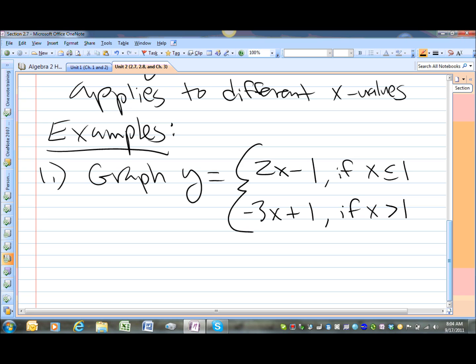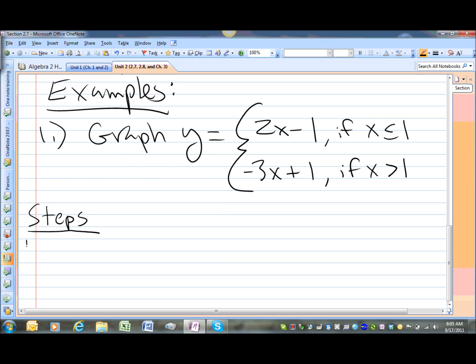Here are the steps, and we'll apply these steps after I write them out. Step one: graph the first equation like you usually do.